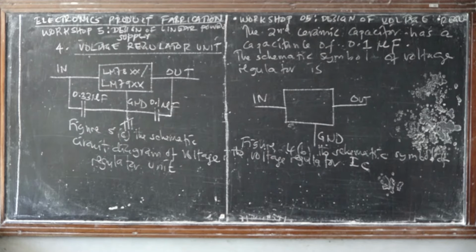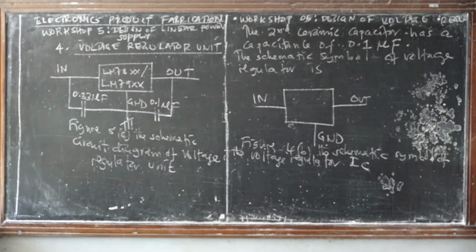Sure. Listen. If I were you and I had been given the schematic circuit diagram of a voltage regulator unit, I would see two capacitors. The first is a ceramic capacitor of 0.33 microfarad, and the second is a ceramic capacitor of 0.1 microfarad. I could ask two questions. First, what is the function of each capacitor in this schematic circuit diagram?